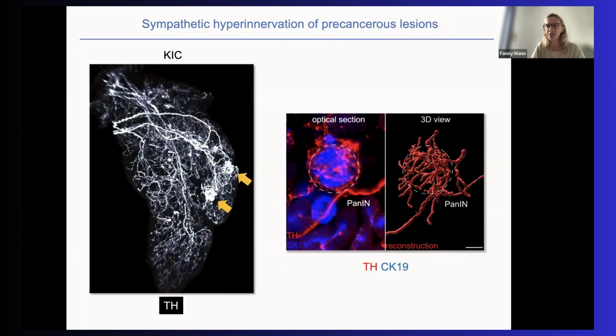We were very interested in this finding, which suggests that the neural remodeling related to the development of pancreatic cancer does not involve the major sympathetic nerves, but instead involves a local remodeling of their terminal endings within the exocrine tissue.